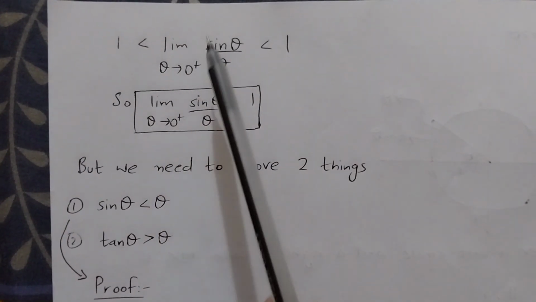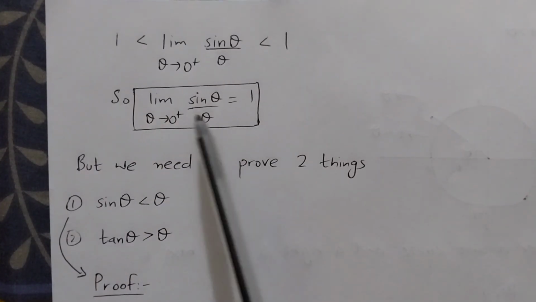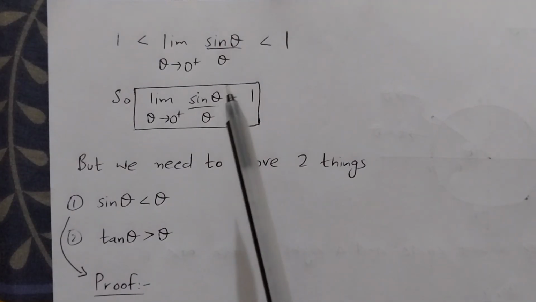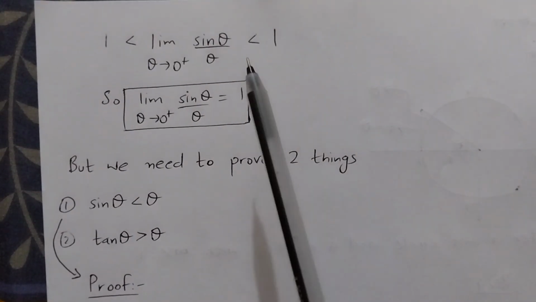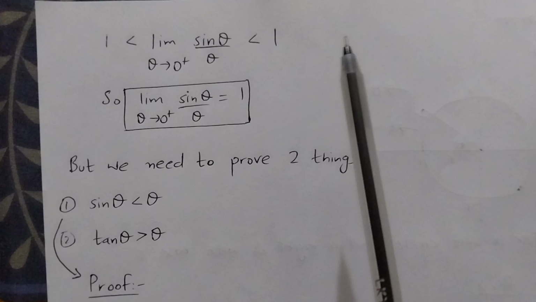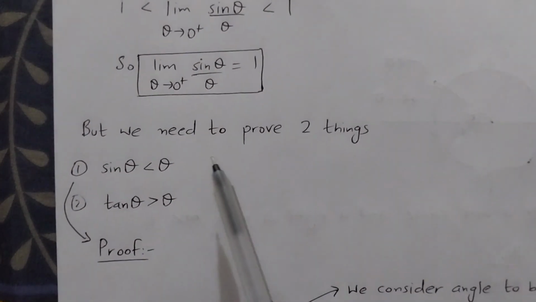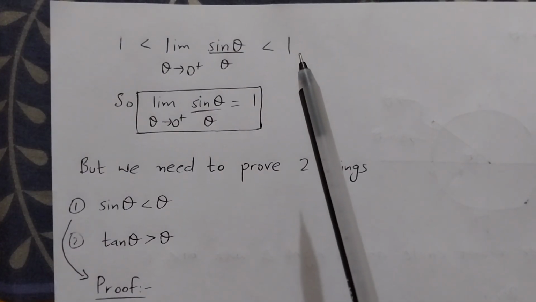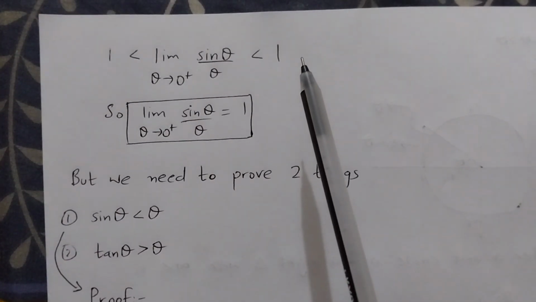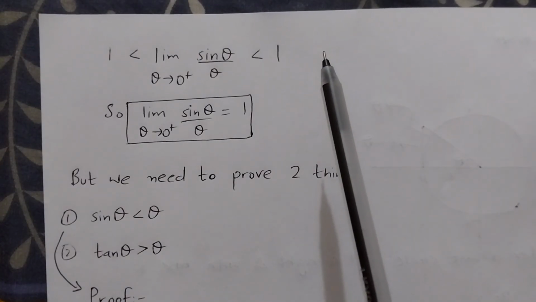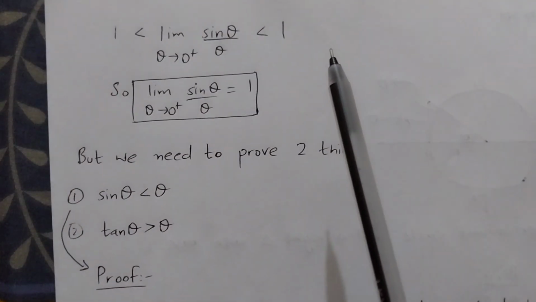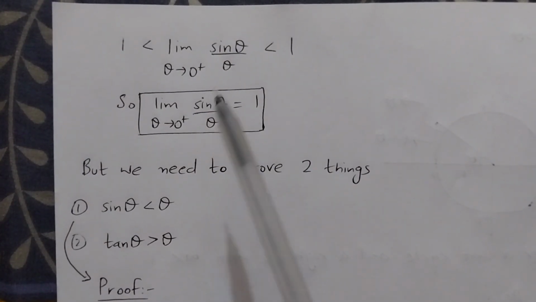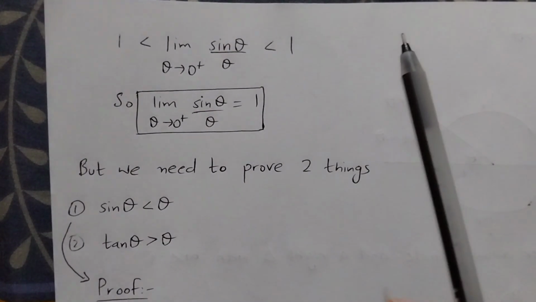I am saying that this limit is equal to 1 because we approach 0 from the right hand side. But we know that for a limit to exist, it must have the same left hand limit and right hand limit. Also, we saw two things from the figures: firstly, that sine theta is less than theta for positive values of theta, and I said that I would prove it through another figure.